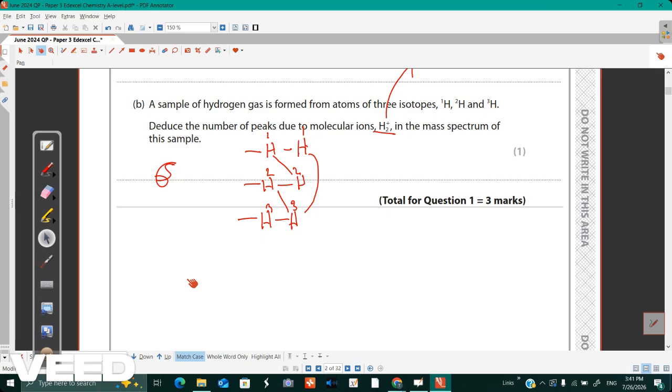Any reason for that? Why is it five exactly? Now they are asking us to deduce. How did you deduce it?